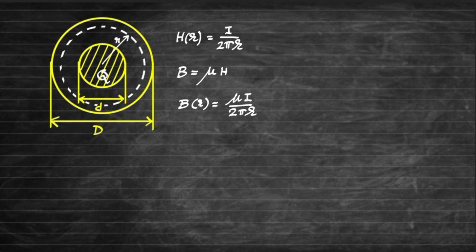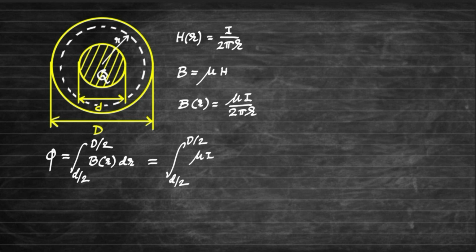Now the total magnetic flux linkage of the conductor per unit length can be written as phi equals integration from small d by 2 to capital D by 2 of B of small r into dr equals integration from small d by 2 to capital D by 2 of mu into I divided by 2 pi r into dr. After completing the integration, we ultimately get phi equals mu I divided by 2 pi into natural logarithm of capital D by small d.